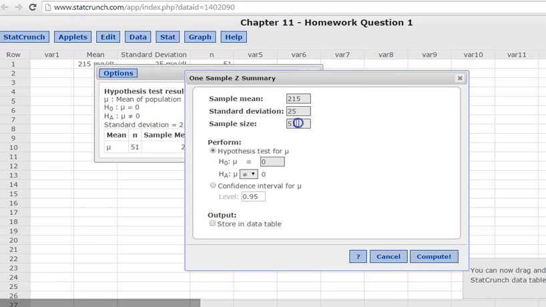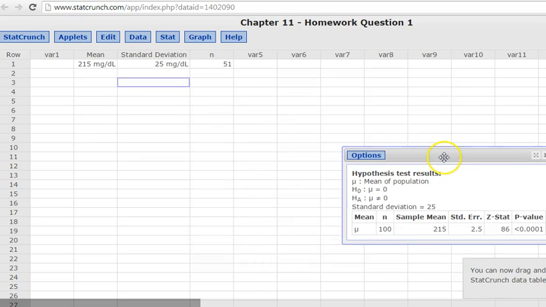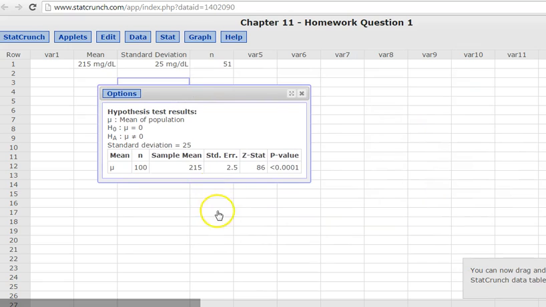We go to Sample Size. We leave the sample mean at 215. We leave the population standard deviation at 25. Our sample size, we just delete that out and insert 100. We click Compute. We see that our standard error is now 2.5.